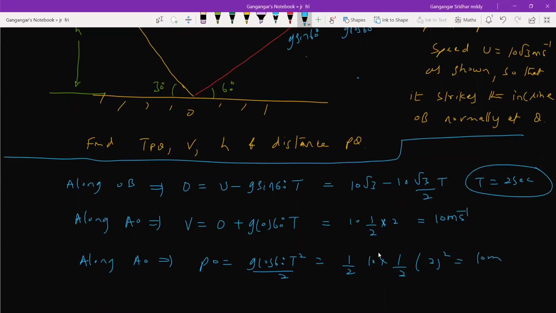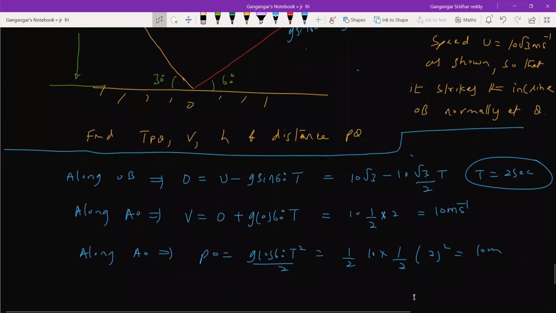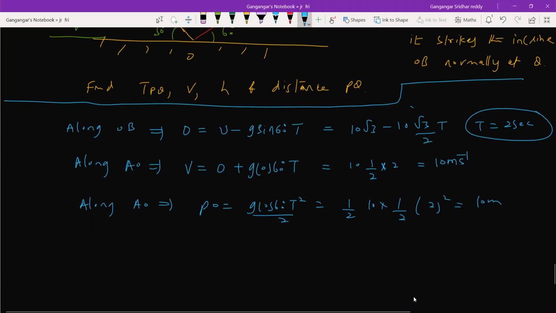Then can we calculate the distance OQ? So now along OB, let me write once again. OQ is equal to ut minus g sine 60 by 2 t square.